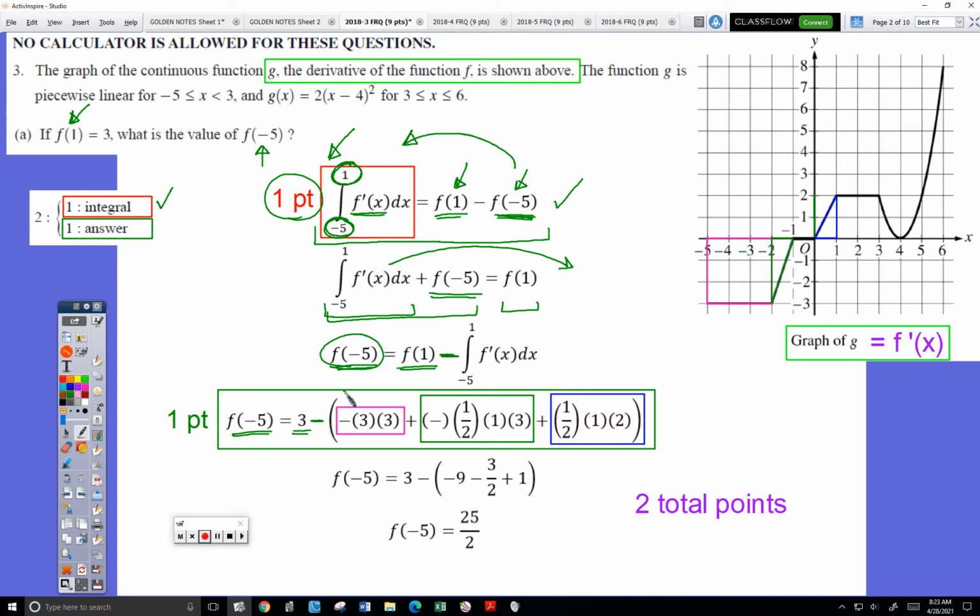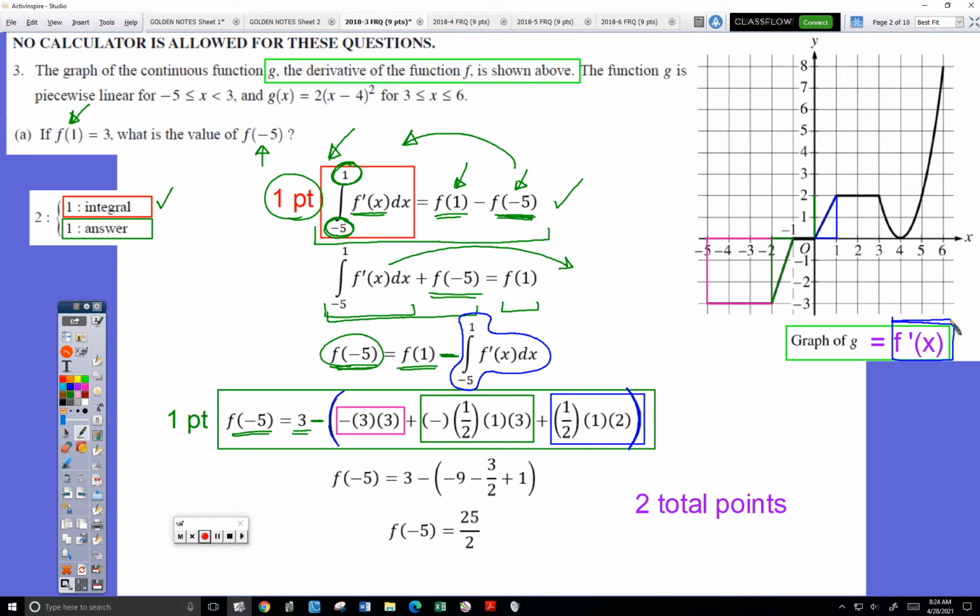So within these blue parentheses is the value of this integral here. To find that integral, I've got to look at my graph of f prime over here, and find the value of the integral using the graph of f prime.